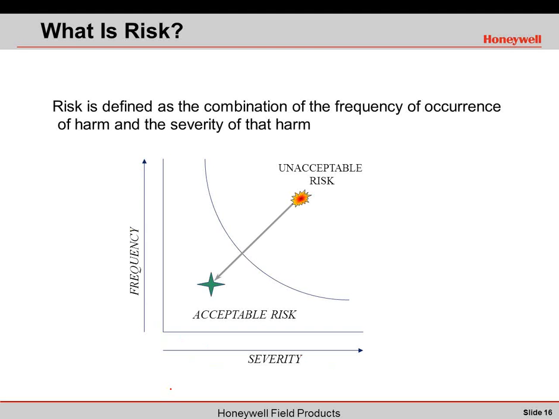So you remember at the beginning of the presentation I said that safety is freedom from unacceptable risk. So here we'll define what risk is as related to process control systems.